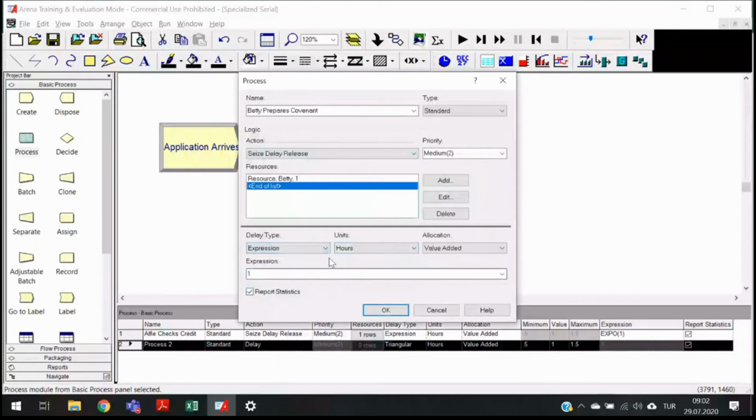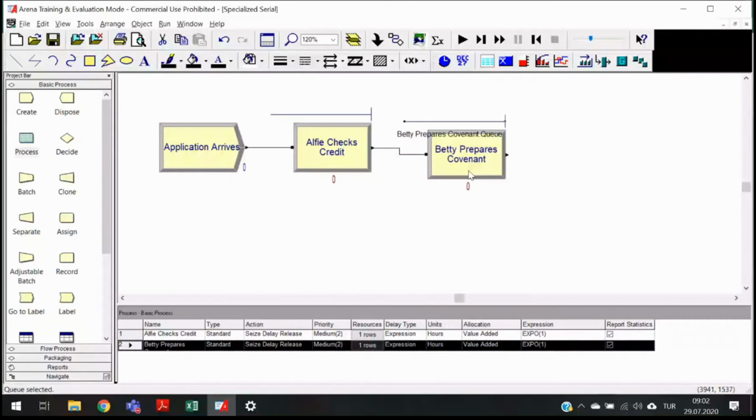For the expression, we have the delay amount as exponential in hours with average 1, and that's it. So you see we have 2 separate queues here: one queue in the credit checking process and one queue in the covenant preparation process.